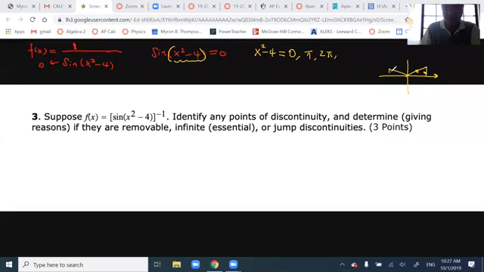If the angle here is 0, or here is pi, of course, this is 0, this is pi, this is 2 pi, 3 pi, 4 pi, 5 pi, keep going. So if x squared minus 4 equals all those values, the sine of those values will be equal to 0.